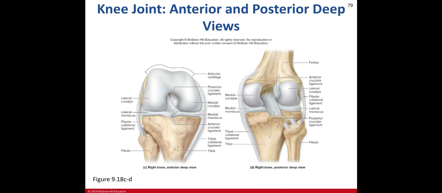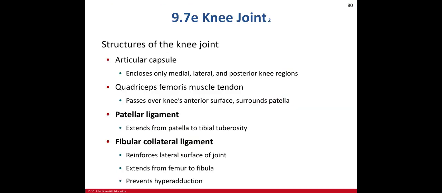All of those are responsible for holding this joint in place. Okay. You also will have tendons going from the quadriceps over the knee to surround the patella. So that is your patellar ligament.